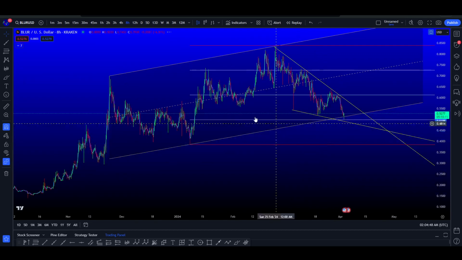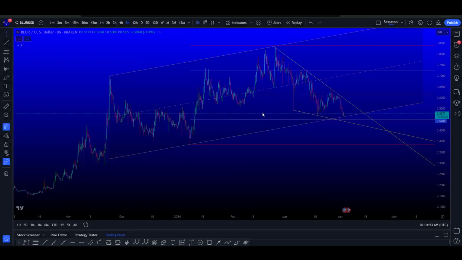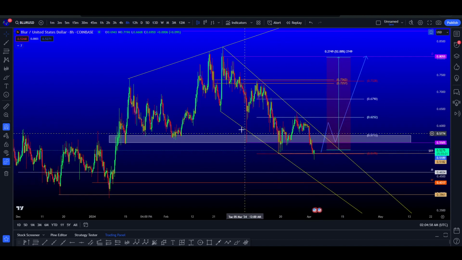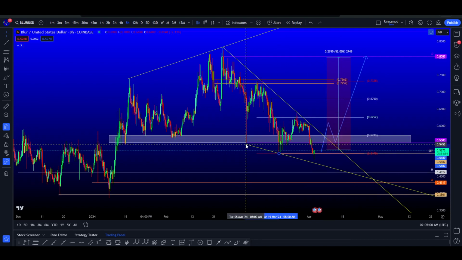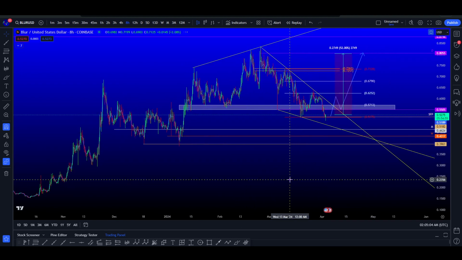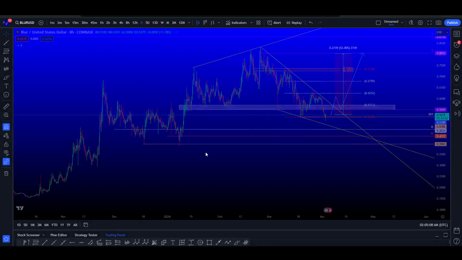Like I said, if we do fail this level, we do have a weekly level below, which would be at 43 cents. But for right now, Blur is looking very interesting. It's pretty much at a triple confluence level.